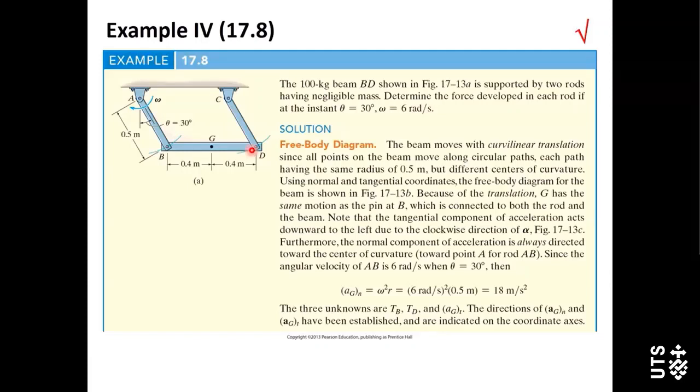Of course, you also can use the XY coordinate system, but this example is just to show you that for curvilinear translation, it might be convenient to use the normal tangential coordinate system. Here shows you an example. You may work out your solution by yourself and then compare your solution with the solution provided in this slide.